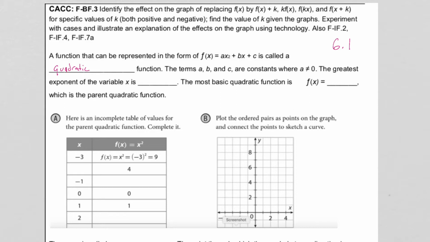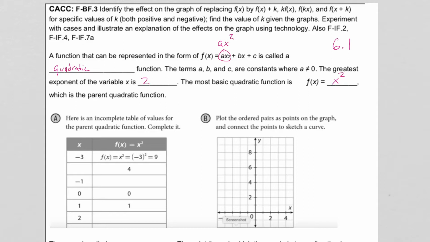The greatest exponent of the variable x is 2. So this right here is basically ax². The largest power of a quadratic function is to the second power, and the most basic quadratic function is f(x) = x².